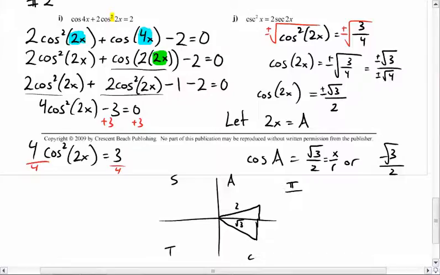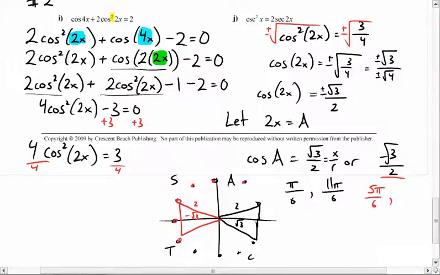Either 30 degrees, pi over 6, or 11 pi over 6. And then where is cosine equal to negative root 3 over 2? That's in quadrant 2 and quadrant 3. Here the x-coordinate is negative root 3. So that would be 5 pi over 6, and 7 pi over 6. And that's what angle A equals.